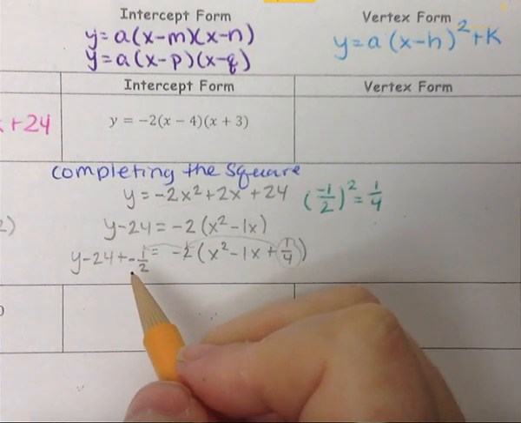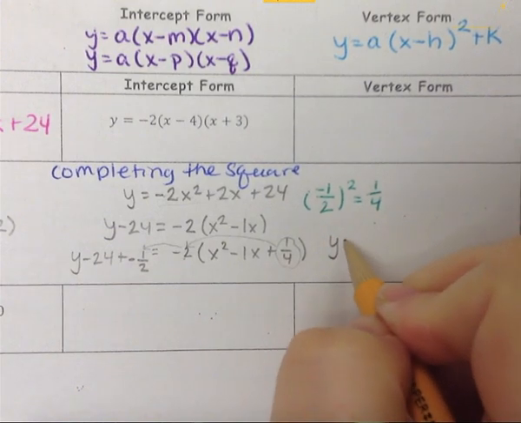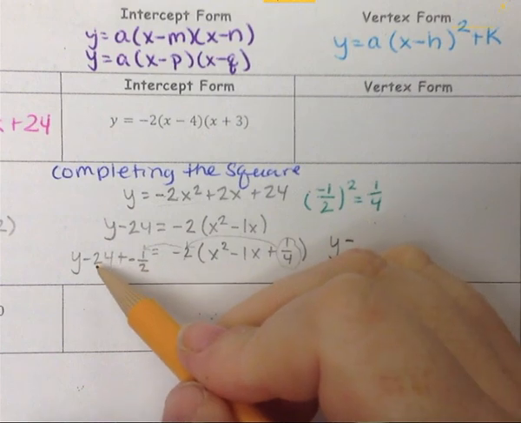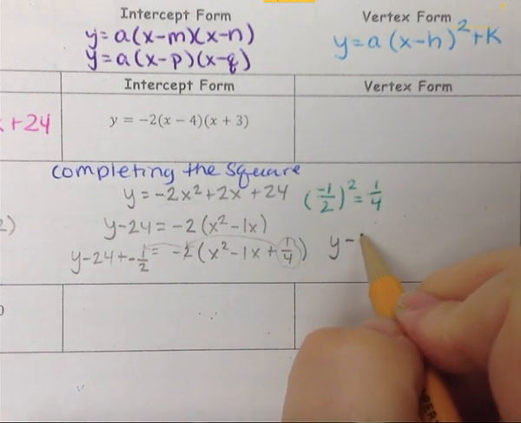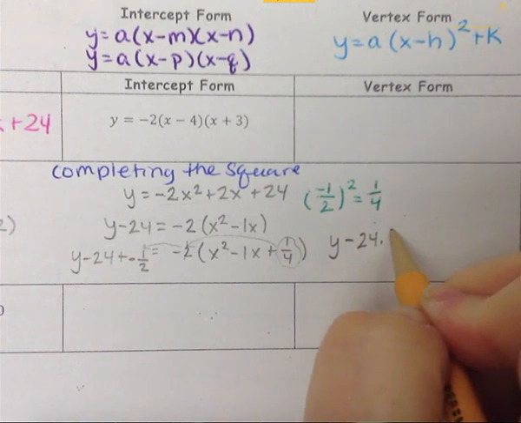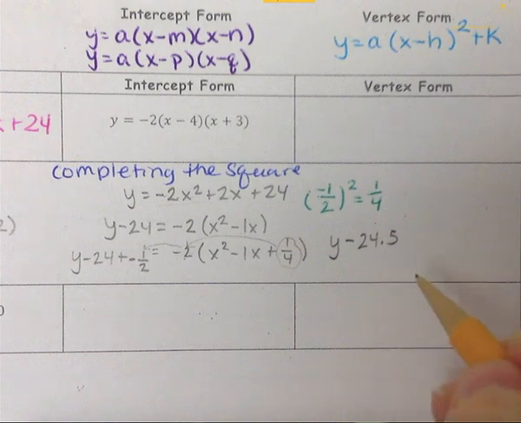So what we will end up having is y minus 24, minus 1/2. I'm going to put that as a decimal for right now. It's going to be y minus 24 and 1/2, because negative 24 and negative 1/2 together is negative 24 and 1/2.